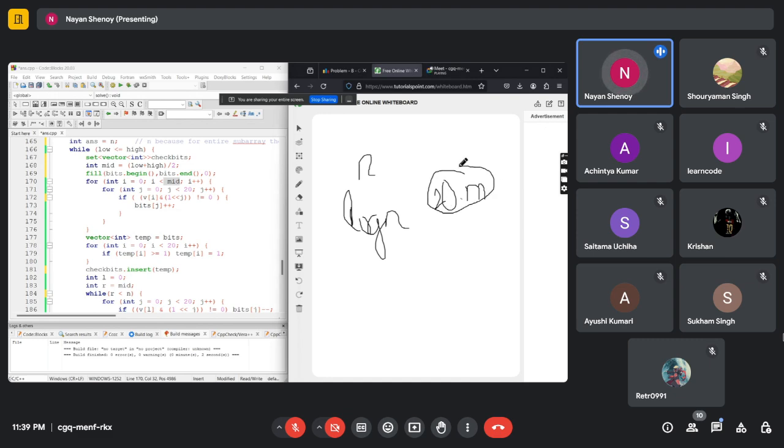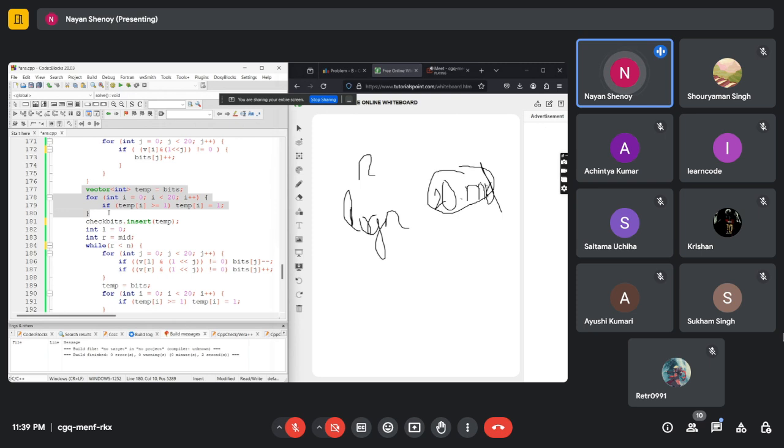So this loop is basically running for 20 into mid times. Okay. This again, I'm just converting, if it's greater than 1, making it 1. So that will again take 20, which is basically O of 1.